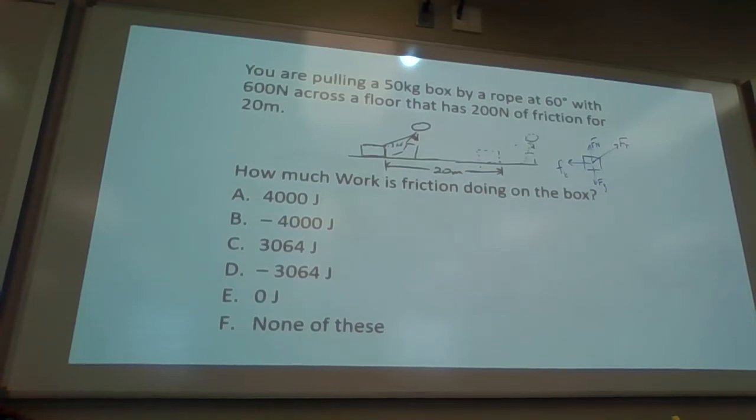Is everybody good with that? Friction is acting in the opposite direction of motion. It is acting parallel to the direction of motion, so you don't have to take any components. Good with that?